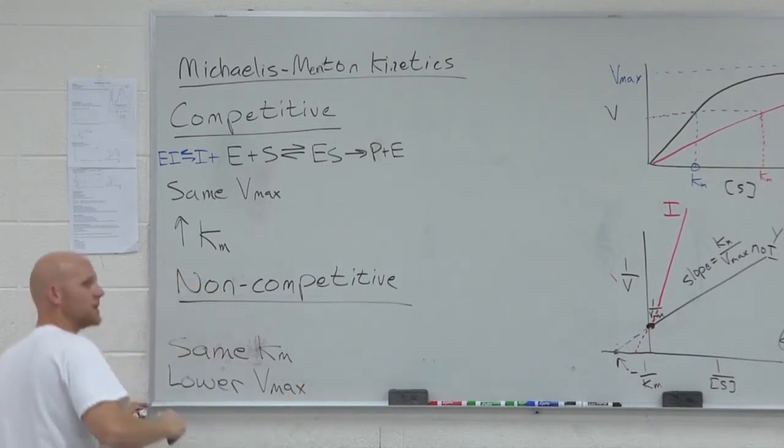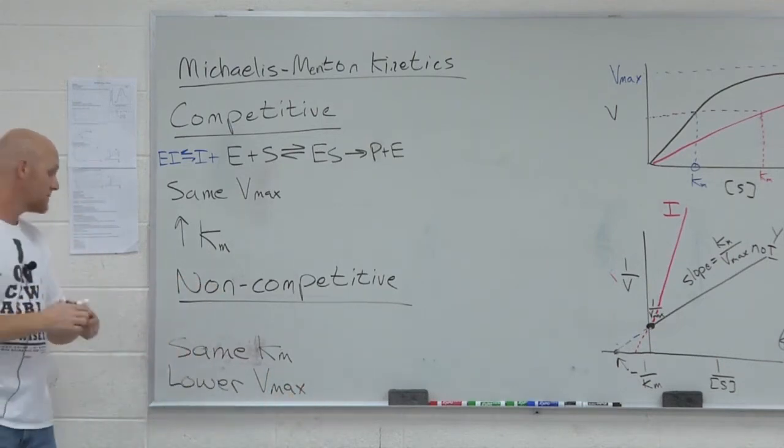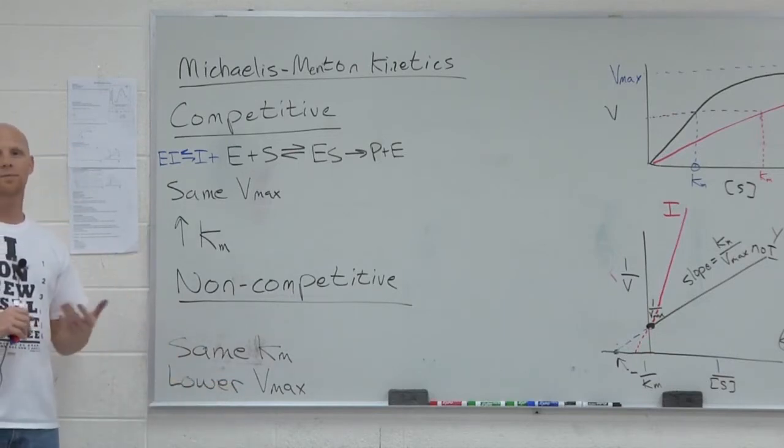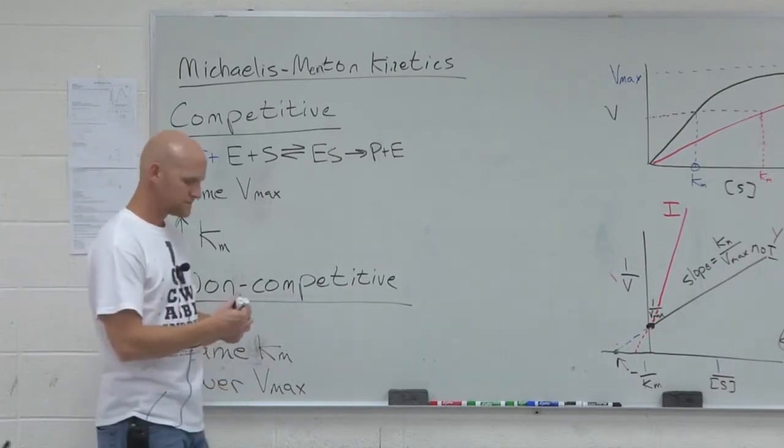So it's going to leave Km alone. Binding really hasn't changed, but Vmax is now going to be slower with an inhibitor present. Kind of makes intuitive sense.